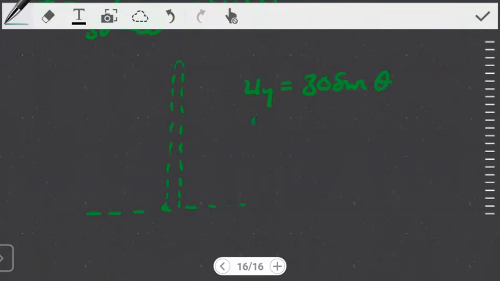The acceleration in the y-axis is negative 9.8 meters per second squared. The final velocity here, we're not really interested in, but the displacement is the key thing. It starts from point A, it lands still at point A. So the total displacement of this projectile in the y-axis is just going to be 0.